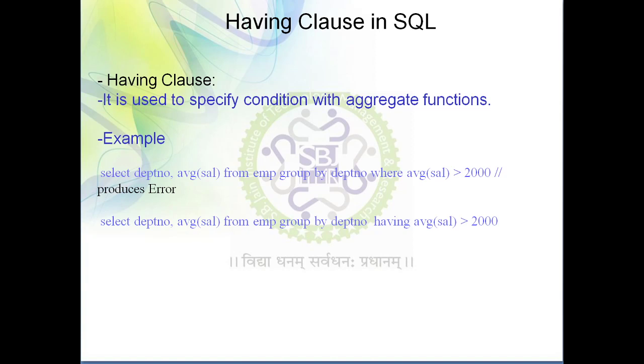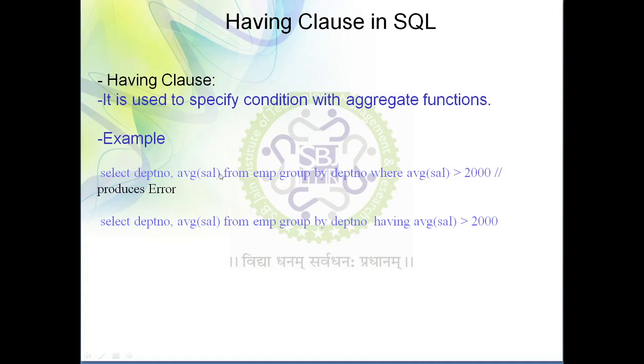But suppose in this case I want to display the number of that department whose average salary is greater than 2000. In order to write the answer for this query, one way is: select department number comma average of sal from employee, group by department number where average salary is greater than 2000.